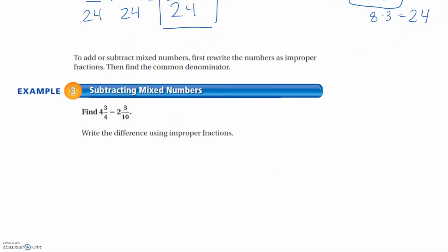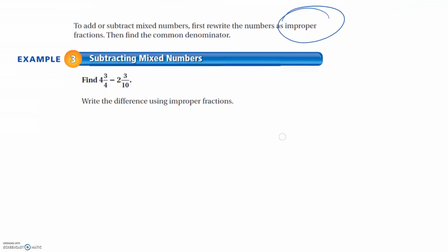Now, if I wanted to have mixed numbers here, I first want to change them into improper fractions. I want to make sure I have improper fractions before I try doing anything. So let's recall how to find improper fractions. If I have 4 3/4, I want to multiply my whole number by my denominator and then add 3.